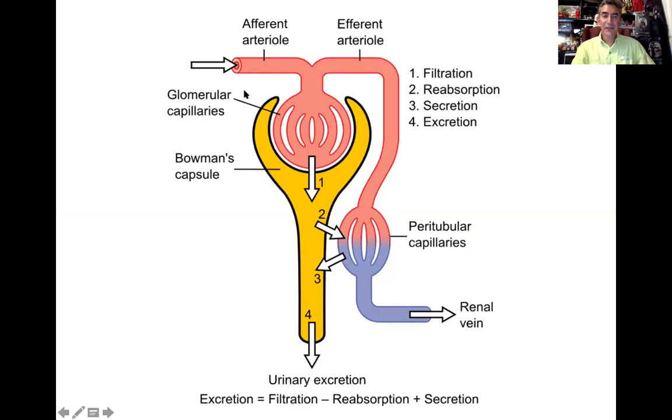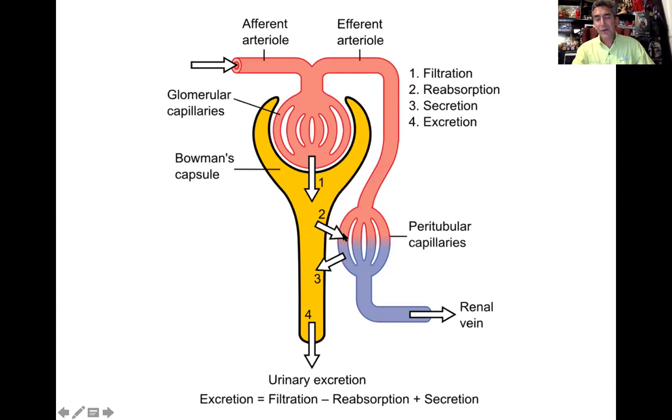So we have afferent, efferent circulation. Glomerular high pressure forces plasma minus the proteins to leave the capillary into the Bowman's capsule, the glomerular capsule. That is step one, that's filtration. We're filtering.